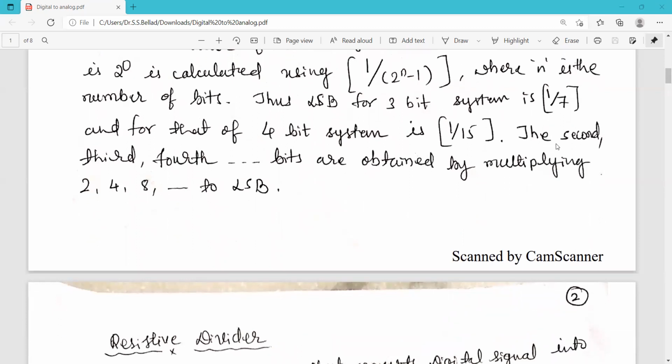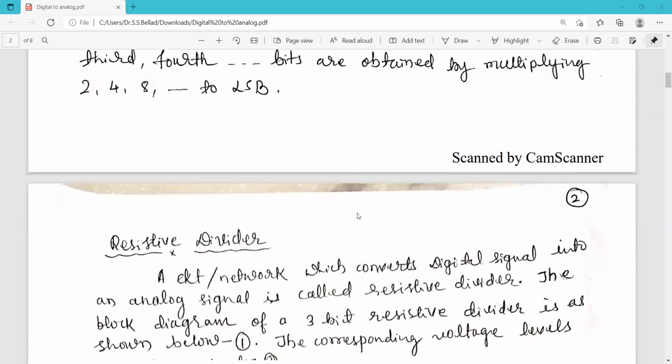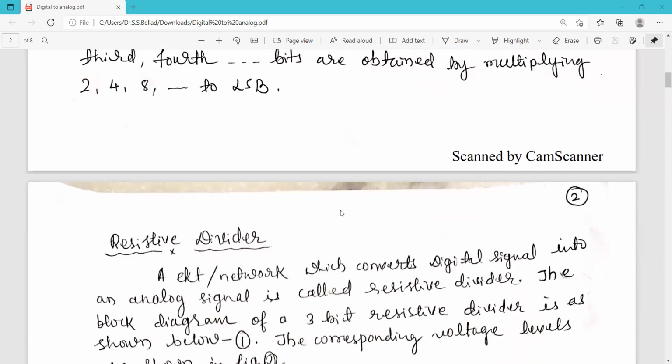Next, the second, third, and fourth bits, that means the MSB values, are obtained by multiplying 2, 4, 8 and so on to the LSB. That means to get the first MSB, we multiply 2 to the LSB. To get the next MSB, the second MSB, you multiply 4 to the LSB. In this way it continues.